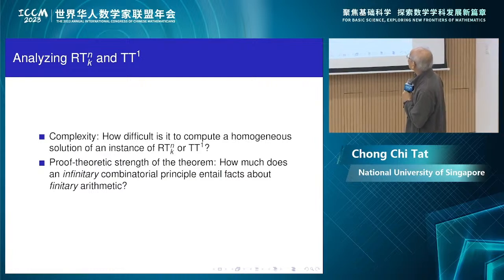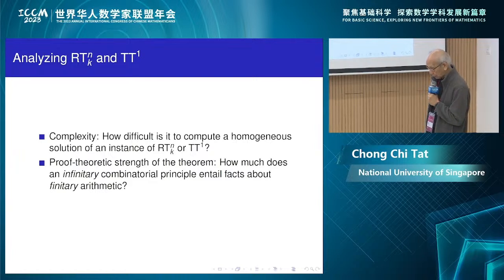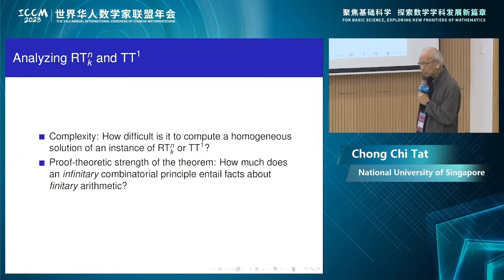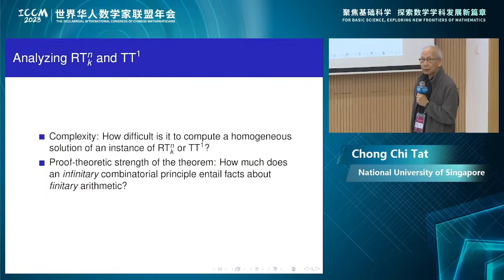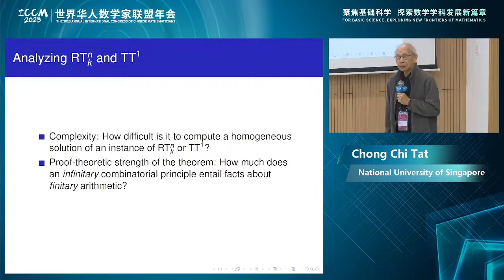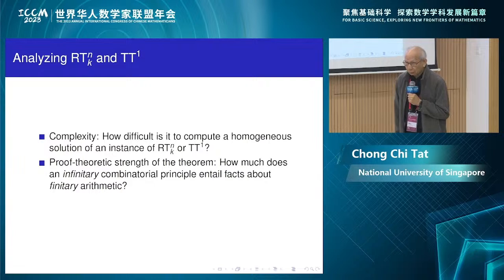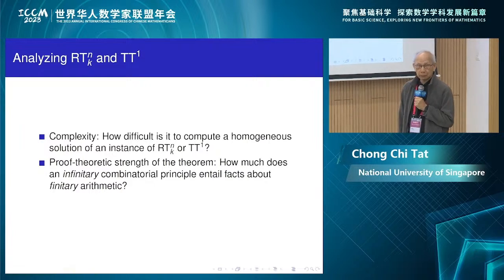The second one concerns proof theoretic strength. Specifically, it means that if we are given an infinitary combinatorial principle, such as Ramsey's theorem or the tree theorem, that talks about the existence of infinite objects, how much does it reveal to us about facts concerning finite arithmetic?